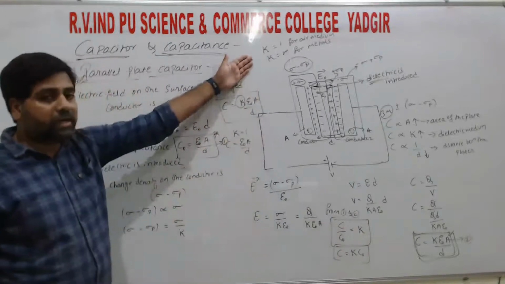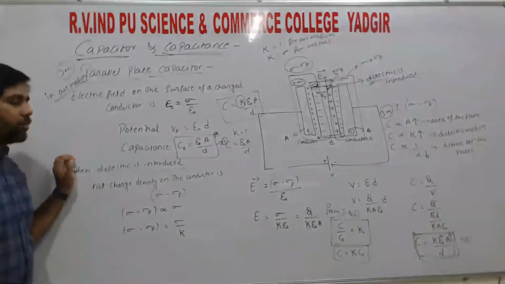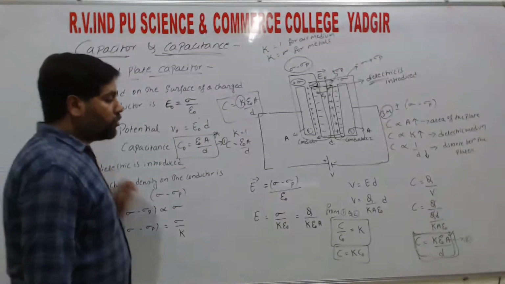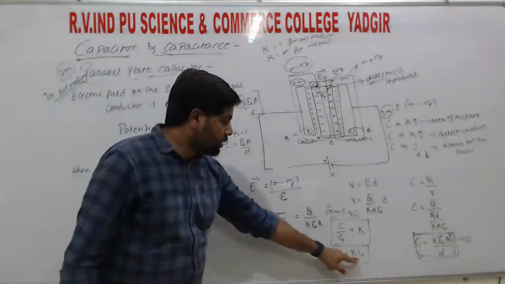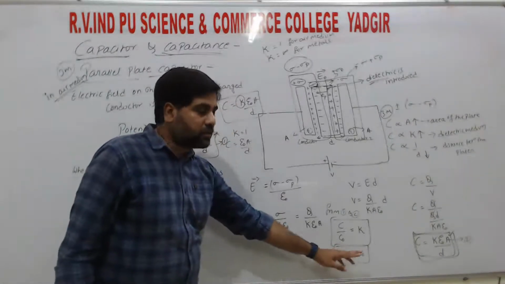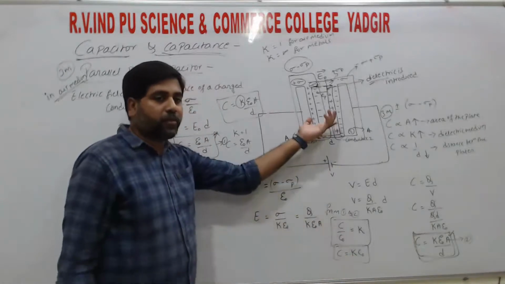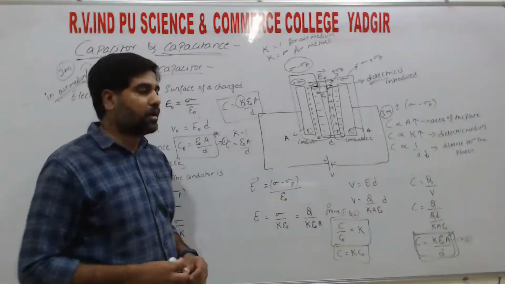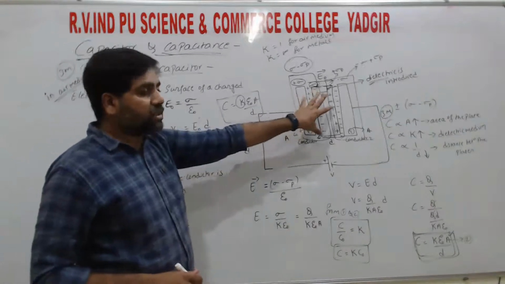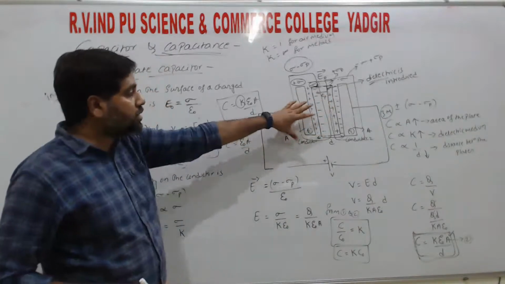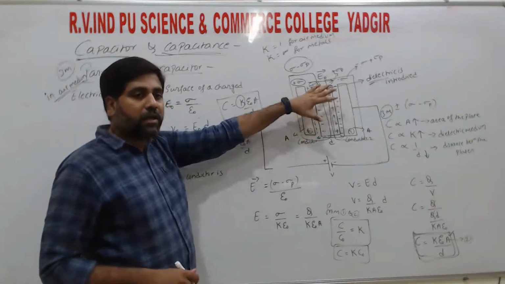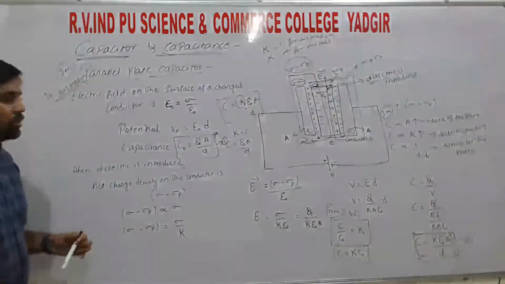We already discussed that in our last chapter, right? From this we can say that if the dielectric medium increases, then the capacitance of a capacitor increases, right? Capacitance of a capacitor increasing means the amount of charge stored on this capacitor increases, right?